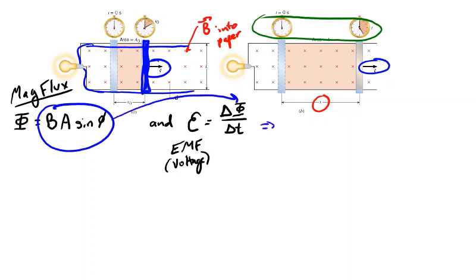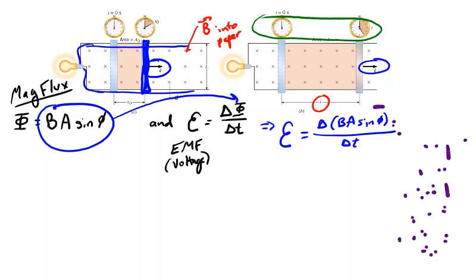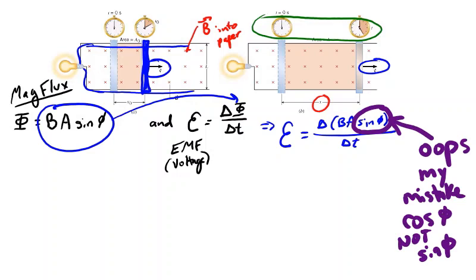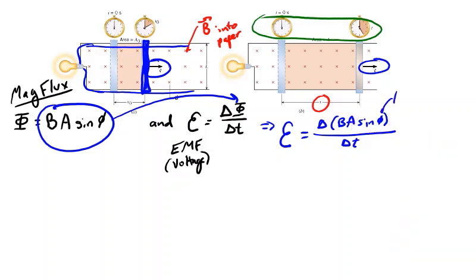And so what we'll end up with is the electromotive force, so the voltage across there, would be the change in BA sine phi all over delta t. Now I'm going to make this a little bit easier. I'm going to assume that my phi is 90 degrees, which is what we have in this picture, where the magnetic field is into the paper, but the wire is being pulled to the right, so they're perpendicular to each other.